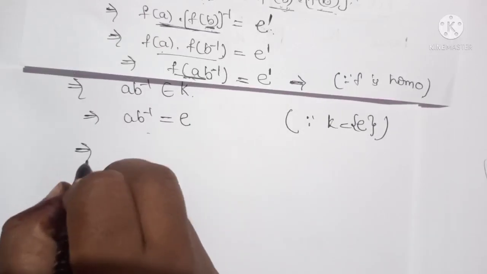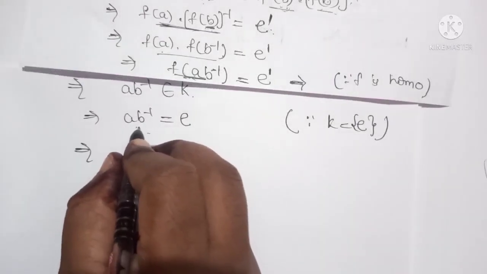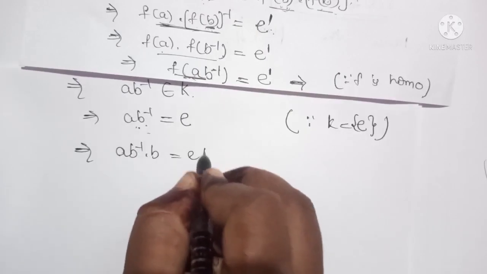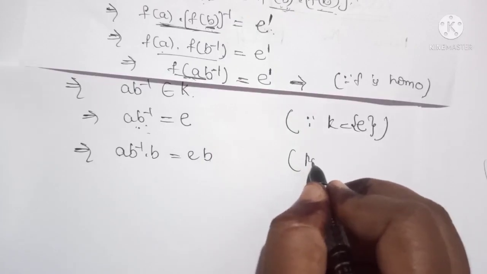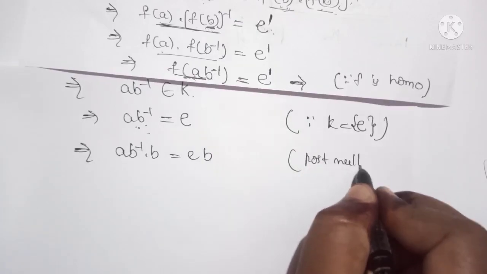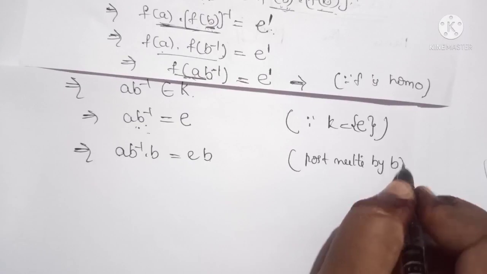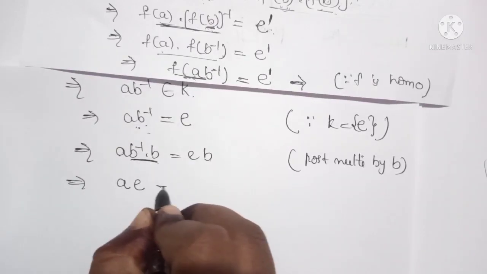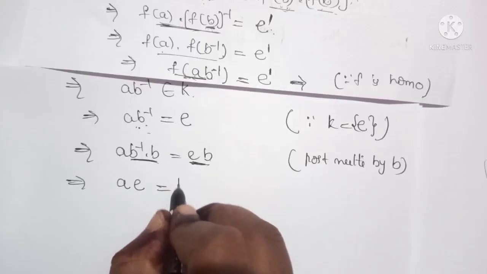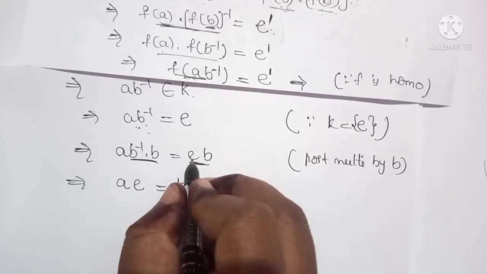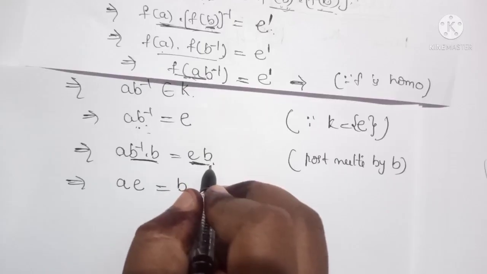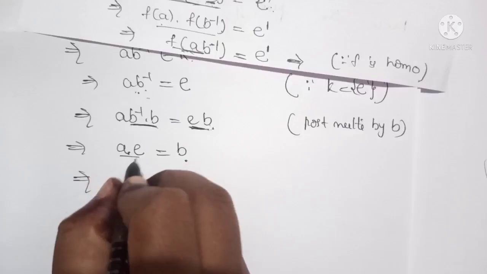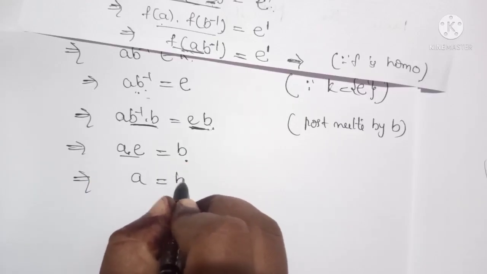So on post multiplying by b, we get a b inverse b equals e b. So a equals b, since if you operate any element with the identity element, you get the same element. Therefore a equals b.